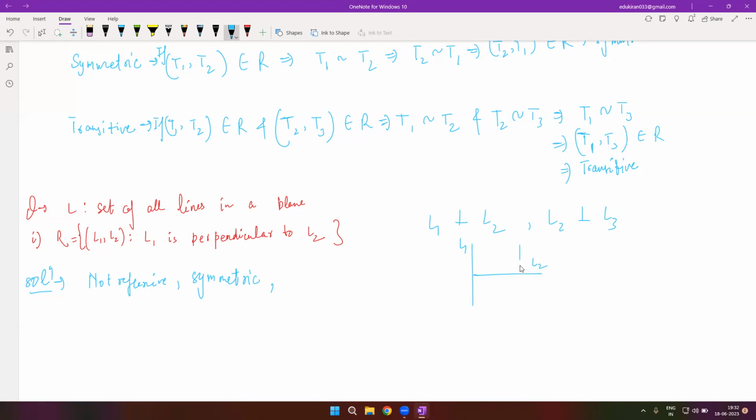Anything perpendicular to L2 has to be parallel with L1, because L1 is already perpendicular to L2. So if both pairs satisfy the condition, it means that L1 and L3 have to be parallel. We have to check whether L1 and L3 are perpendicular or not. It is not transitive, because (L1, L3) does not belong to this relation. L1 and L3 will be parallel rather than perpendicular.